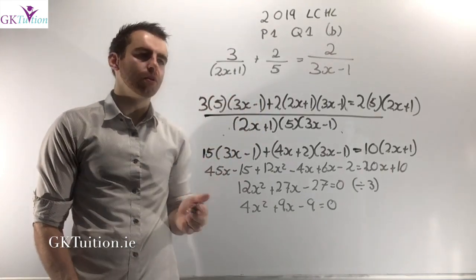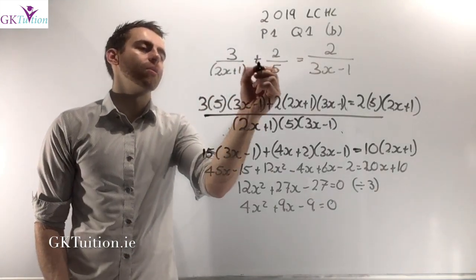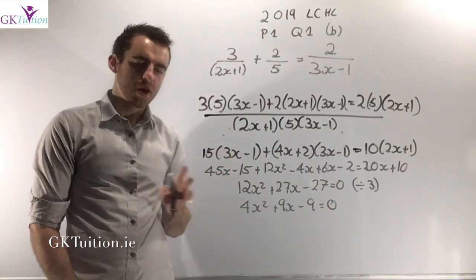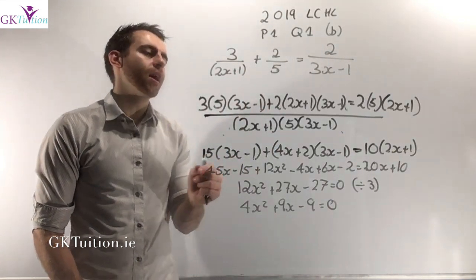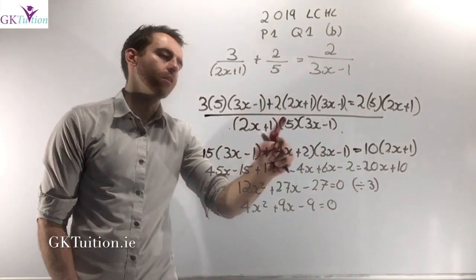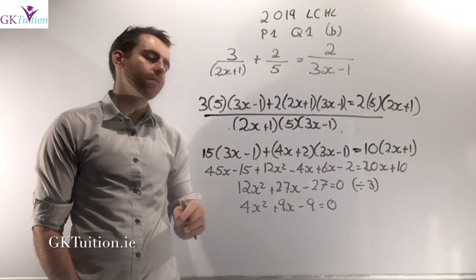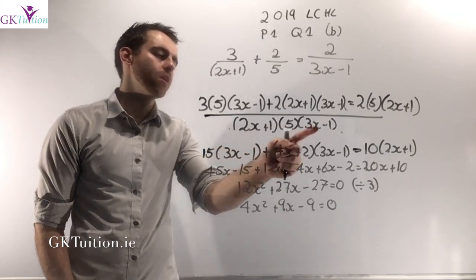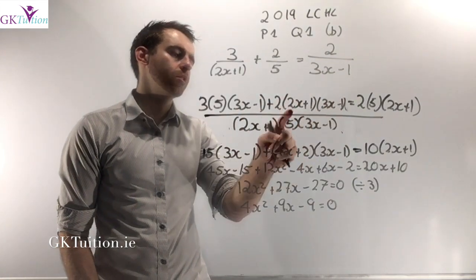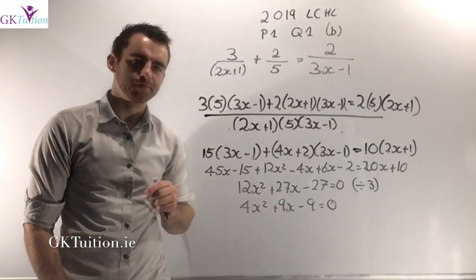Now I need to figure out what goes next. So next you'll notice that we've got a plus 2 on the top of the next fraction, so I take down a plus 2. I follow the same logic and I ask myself, how many times does 5 divide into my denominator? Well, 5 will cancel with itself and I'd be left with 2x plus 1 times 3x minus 1. So you end up with 2 times 2x plus 1 times 3x minus 1.